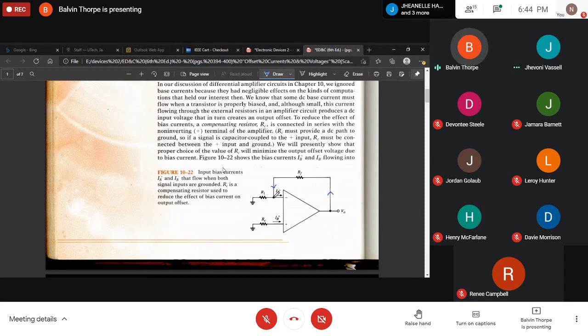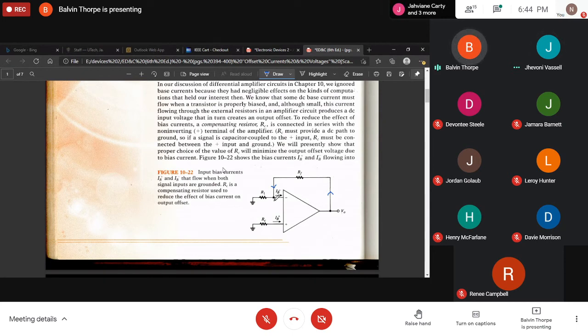And if that current is available right here, it is available right here as well, which is on the non-inverting input, because this is ground and this is virtual ground. So the same current is going to be available on both. That is the current that is being fed back, because of the virtual ground concept.